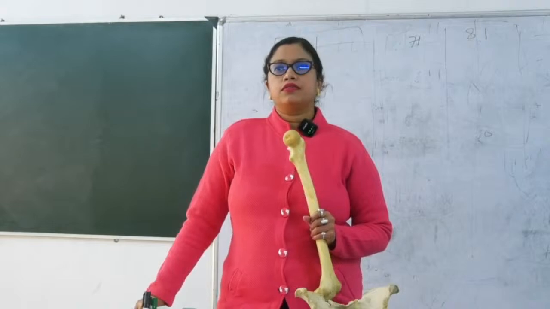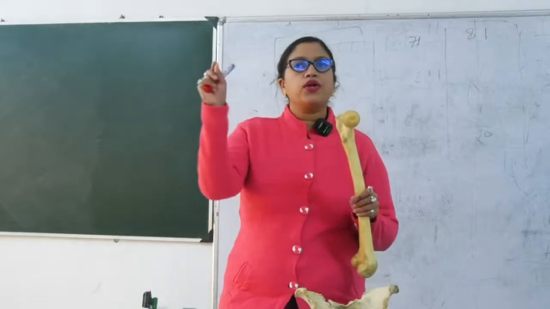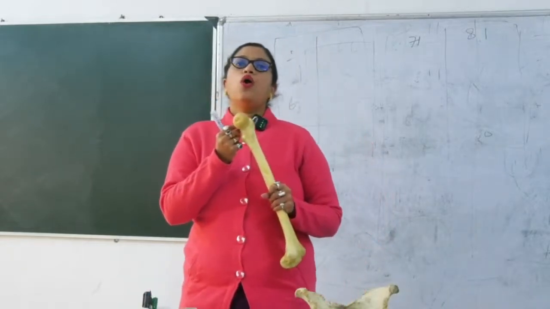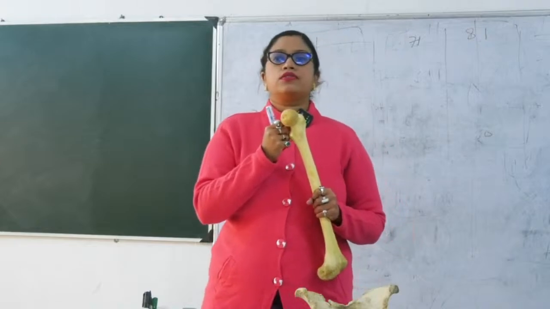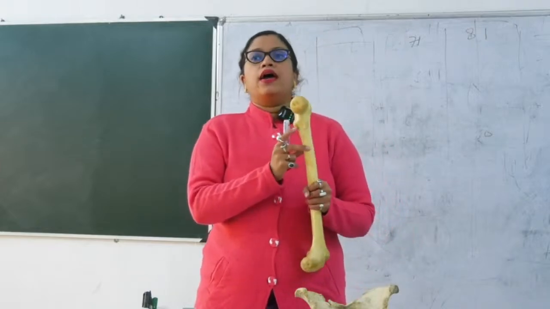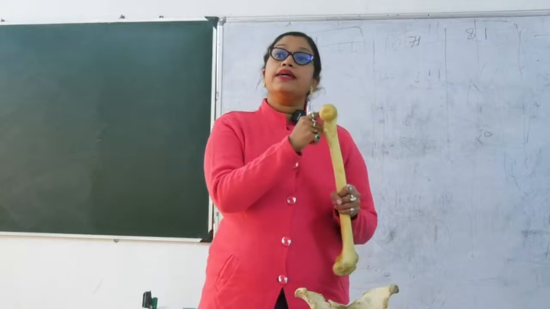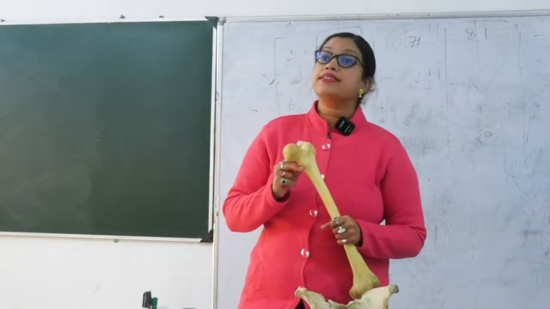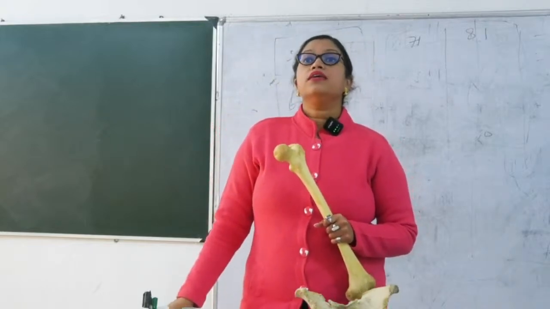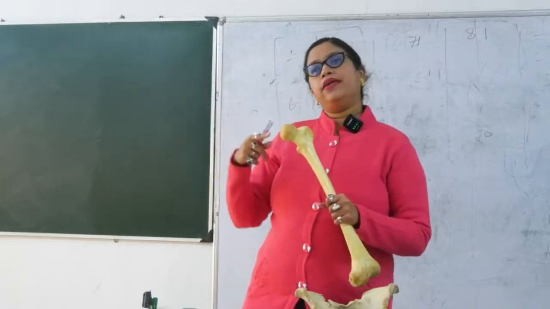Obturator externus. Okay. Trochanteric fossa, write it down. Trochanteric fossa is for obturator externus. Now here on the upper surface there is obturator internus along with the superior gemellus and inferior gemellus.